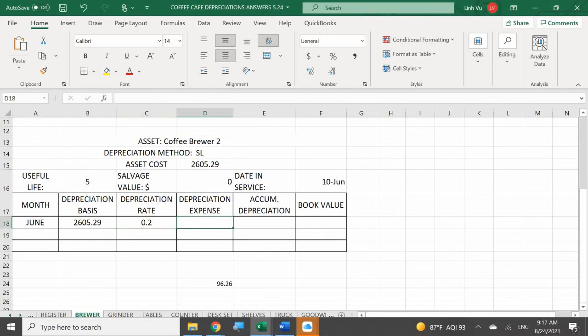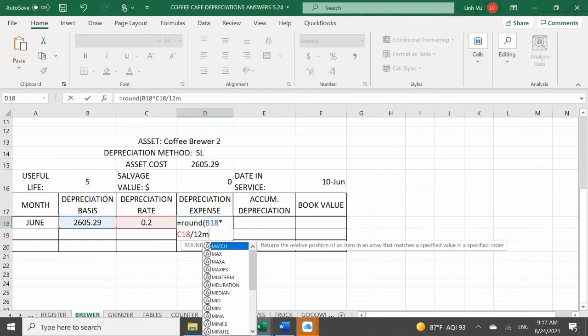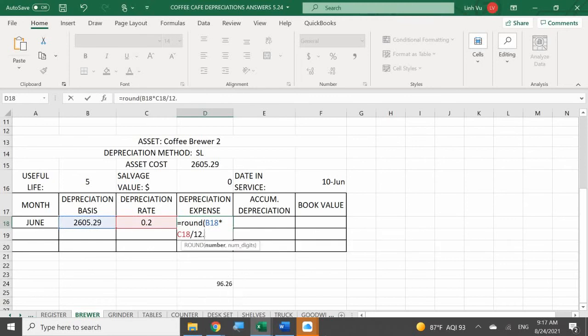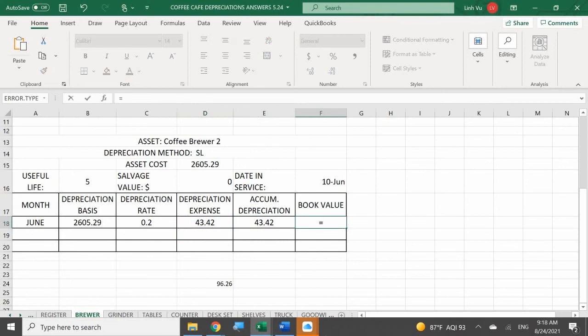So my depreciation expense for the month of June is going to be, I got 43.42. 43.42. Good. Okay. With a book value of 2561.87.